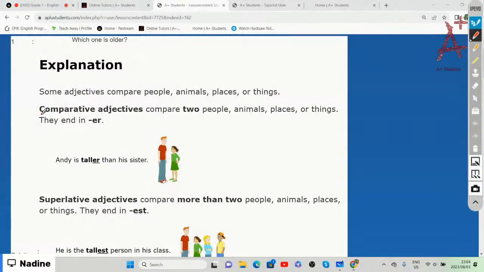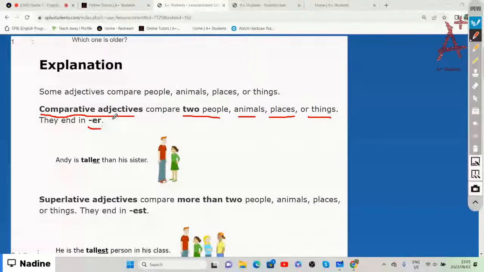With comparing two people, places, animals, or things, these words end in er.